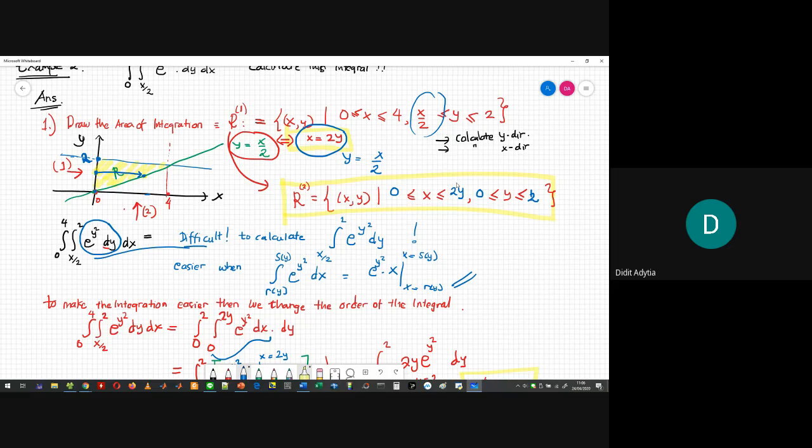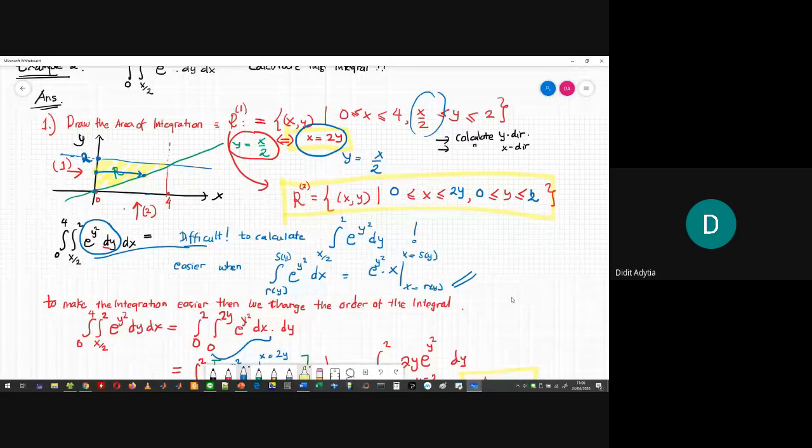Makanya kita definisikan R yang baru adalah ini ya. Dari x-nya dari 0 sampai 2y. Kemudian y-nya sendiri dari 0 sampai dengan 2. Baru kita lakukan integrasi.